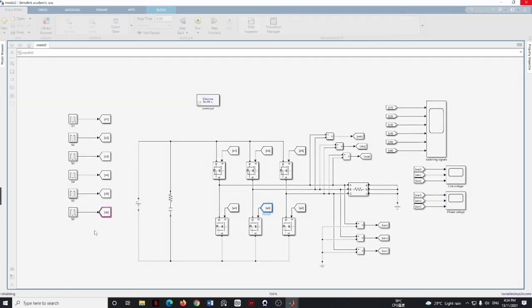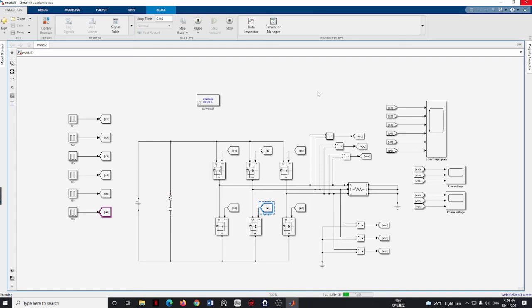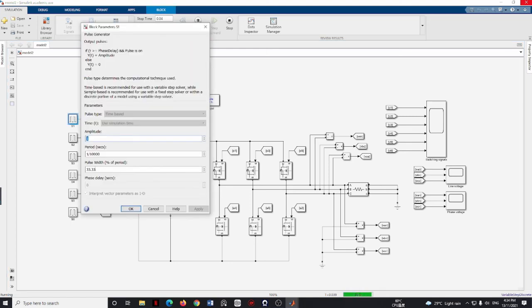As you can see here, this is the circuit for 120 degree, in which we have changed the pulse width to 33.33%.